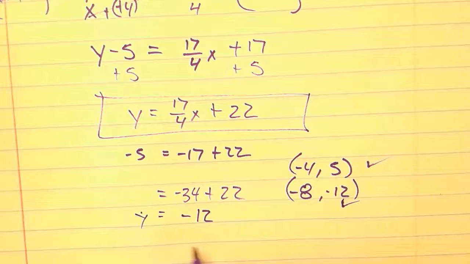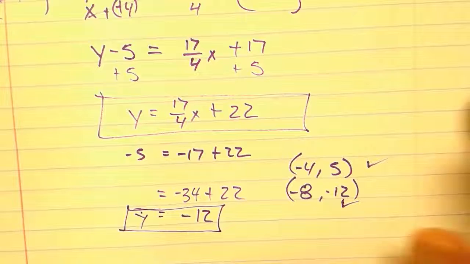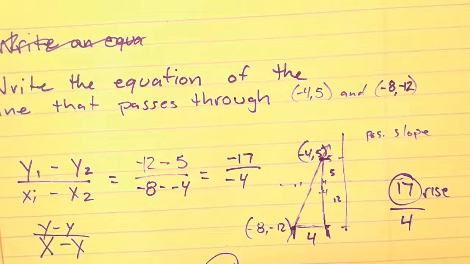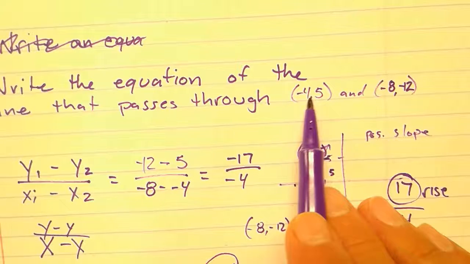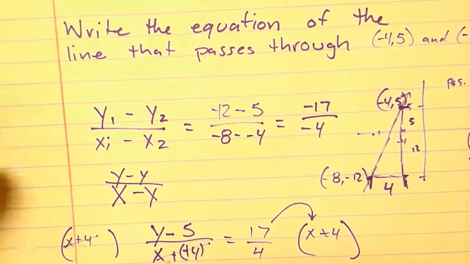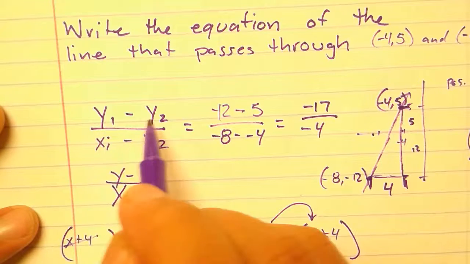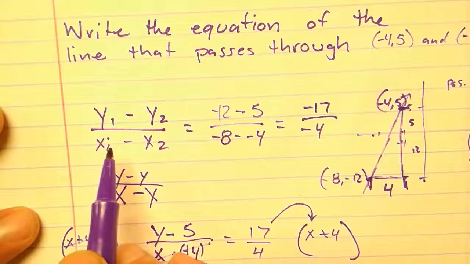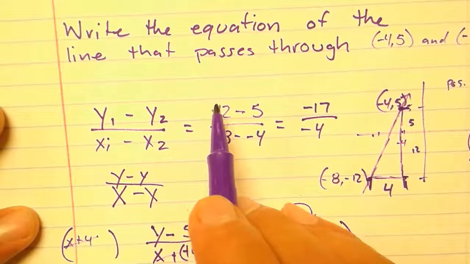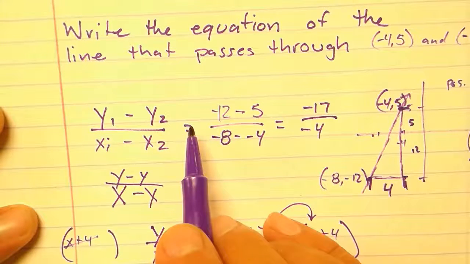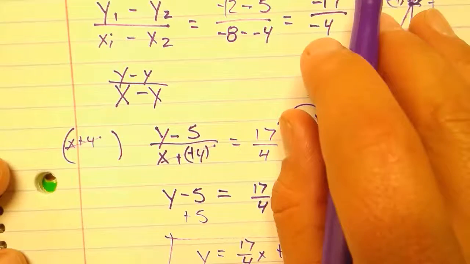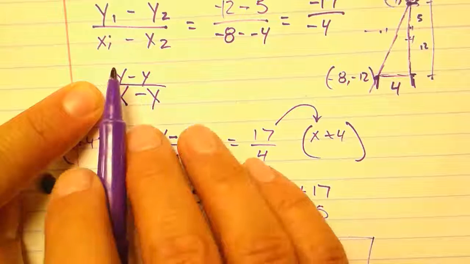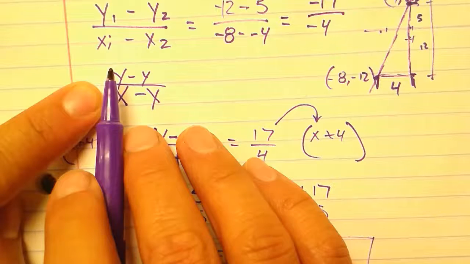As you can see, I was able to write the equation for this line that goes through these 2 points by using y1 minus y2 over x1 minus x2, substituting those values, finding the slope, going back to this, rewriting my equation as y minus y, but plugging in those values.